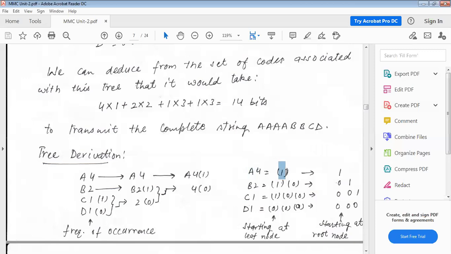If I want to write it starting at the leaf node, it is 1. For B2, I will write 1 0. So here 1 we have, 0 we have, and I have to follow this arrow mark. For A I have written 1 here, so it is one binary bit. That is why I have written A4 is equal to 1.